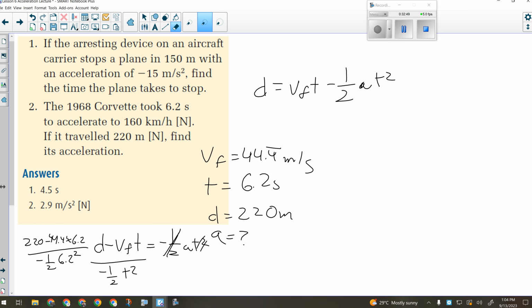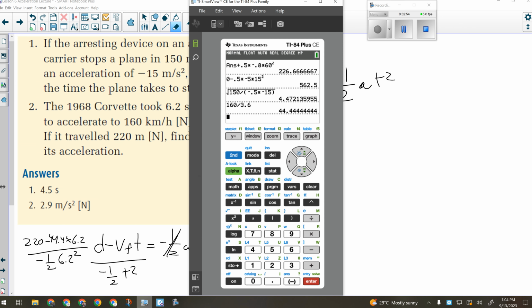Probably the trickiest of the manipulations there, I would say. So 220 minus that number there times 6.2, and then divide that number by negative 0.5 times 6.2 squared.